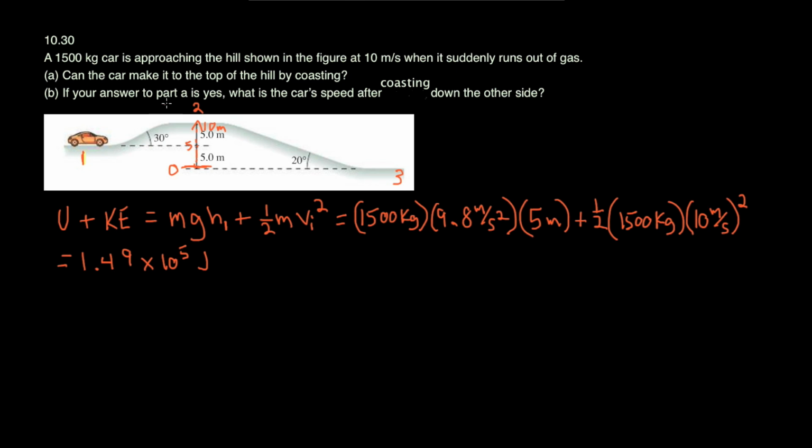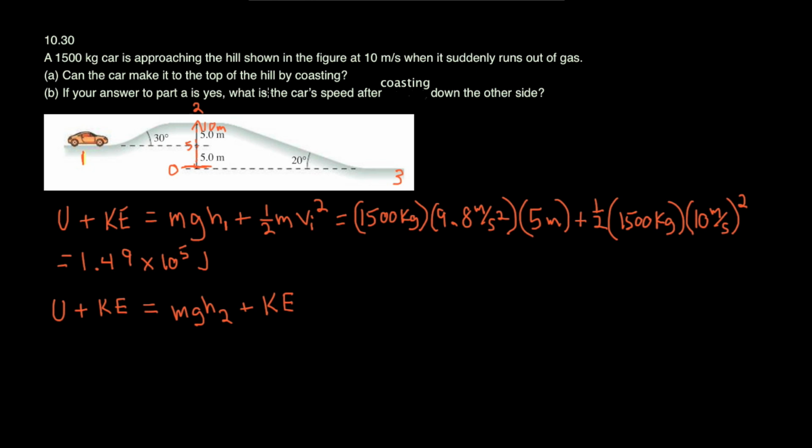And so we were asked, can the car make it to the top of the hill by coasting? At the top of the hill, the energy is going to be the potential plus the kinetic energy again. But this time, our potential energy is going to be mgh2 plus some kinetic energy.